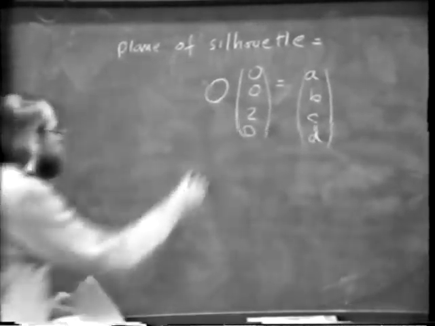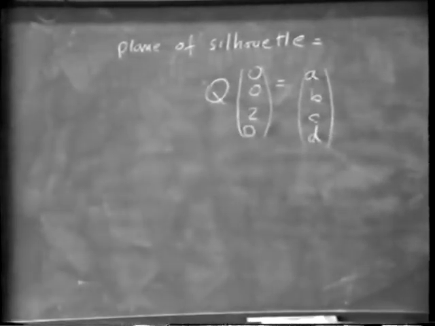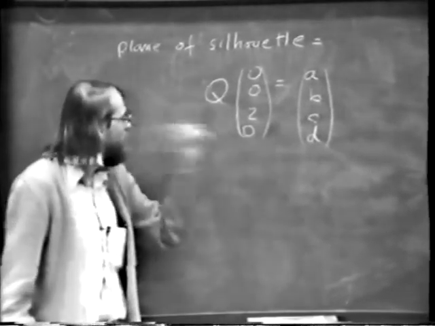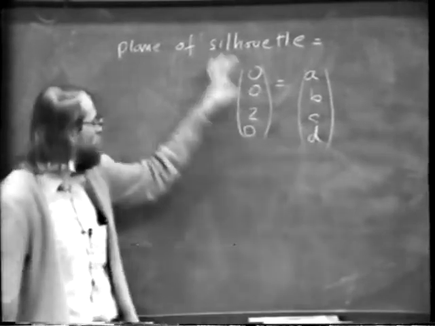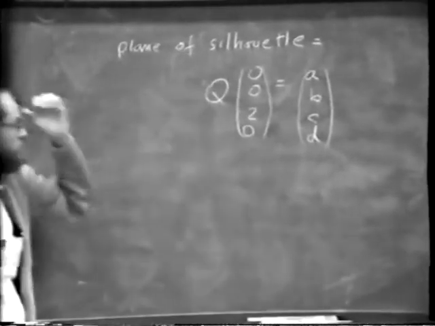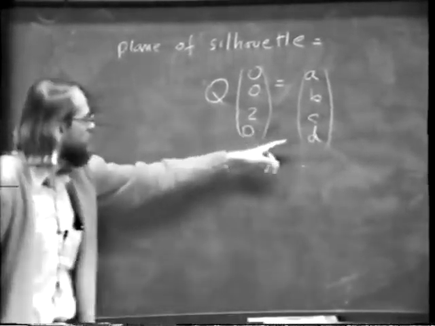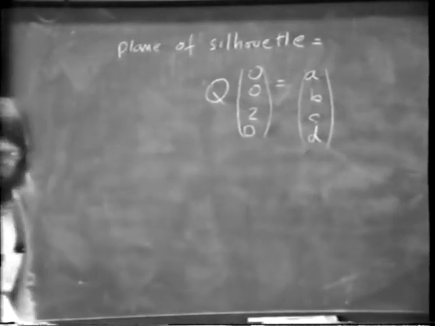Is that Q, the original curve we want to draw, times this column matrix. What this really is, is just extracting one of the columns out of Q. And that gives us the plane that this silhouette outline lies in.